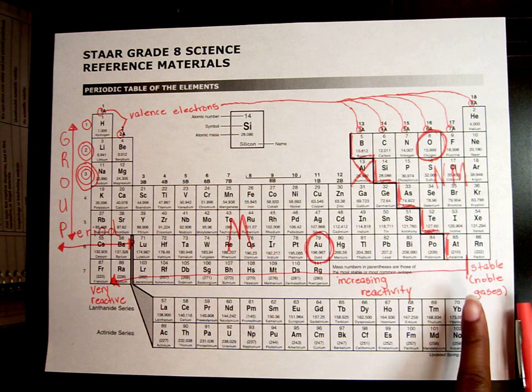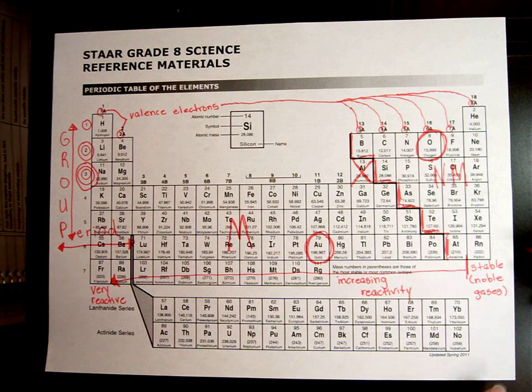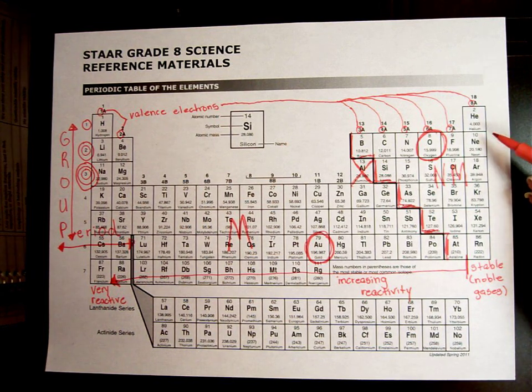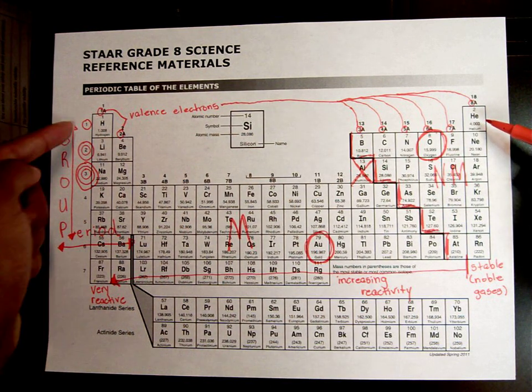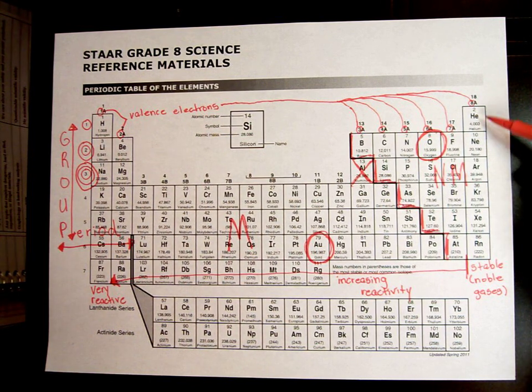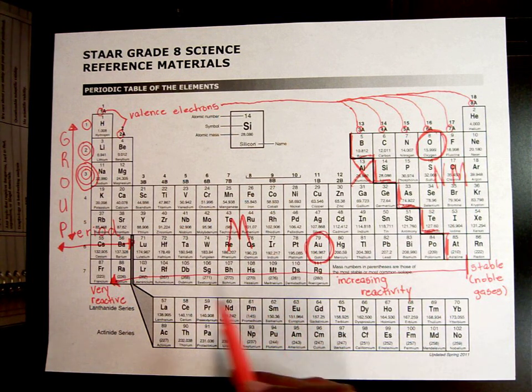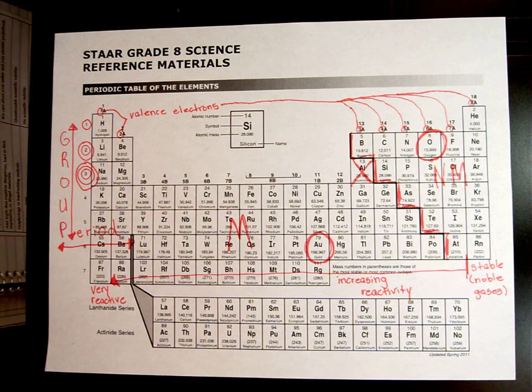So you have your stable noble gases, which do not react at all, and that's because they have a full outer shell. All of them have 8 valence electrons except for helium. Helium only has 2. That's because it only has 1 ring, and to fill up that first ring, you just need 2 electrons. So these elements are stable or non-reactive, and as you move this way, reactivity increases until you get to group 1, which are your most reactive elements.